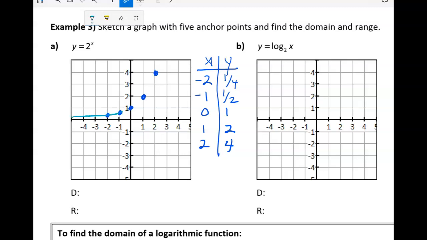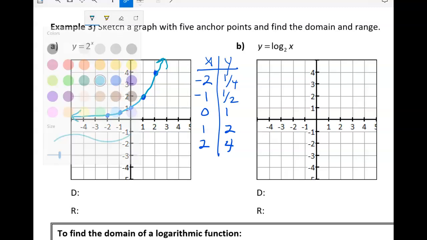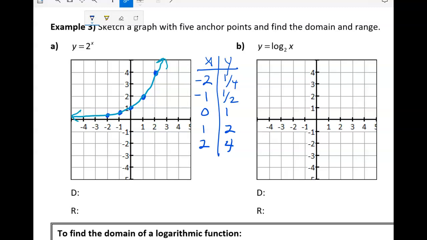What you're going to notice is that the graph gets very close to the x-axis but never touches it on the left side, and then the graph rises very quickly on the right side. The domain is the set of all allowable x's.